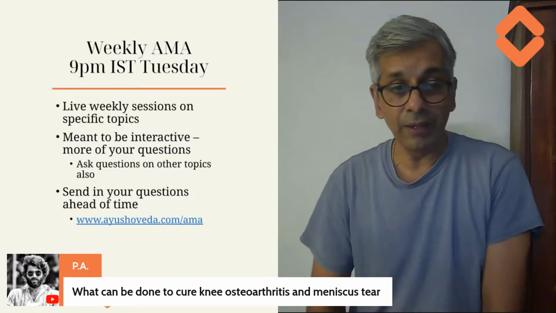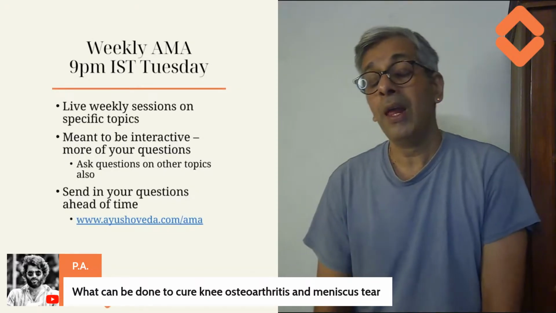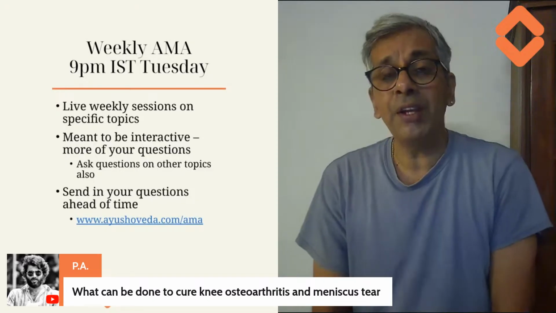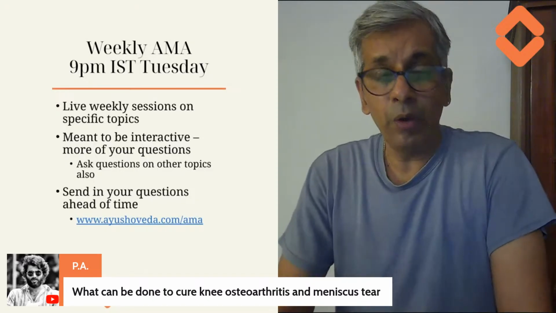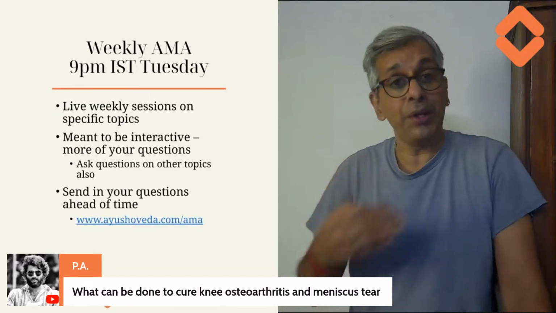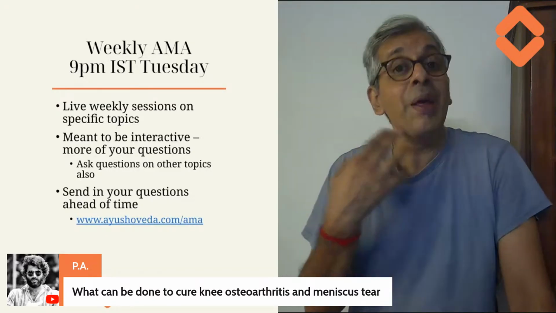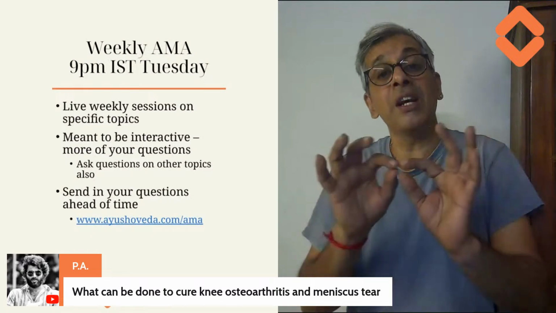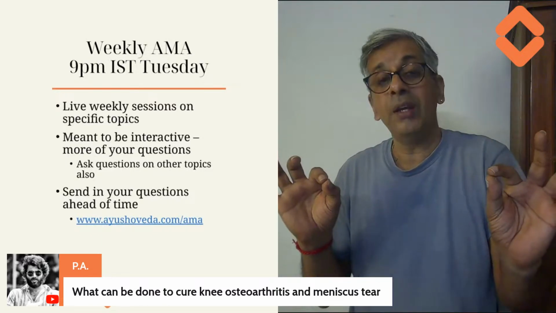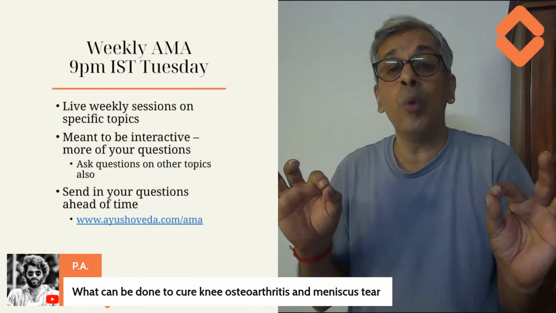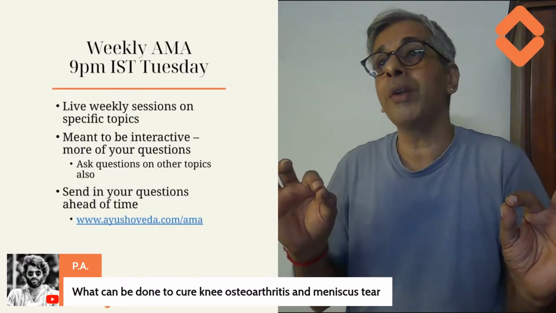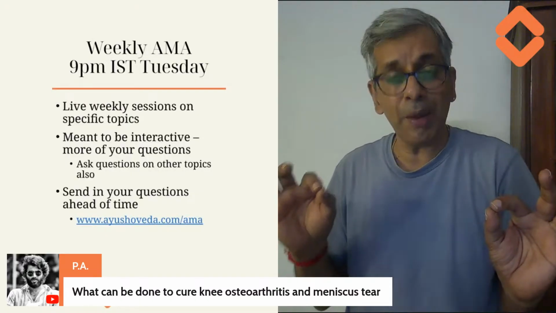Okay, PA. Meniscus tear. If it is a mild tear, then we have very good treatments where we tie the whole thing, and then slowly you will see that the tear gets repaired. But if there is a complete tear, then there is no way. Probably if you are not into very active sports, you can manage without anything.